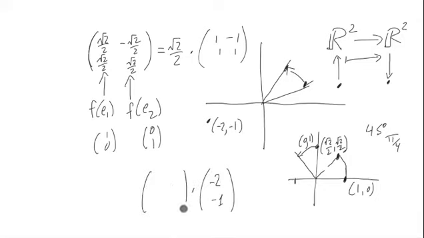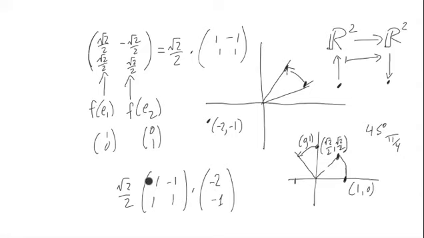Well, this is the function that takes us to where we're going to go. So we simply take this and we input this into it. So what does this mean? This simply means take negative 2 times that column plus negative 1 times that column.